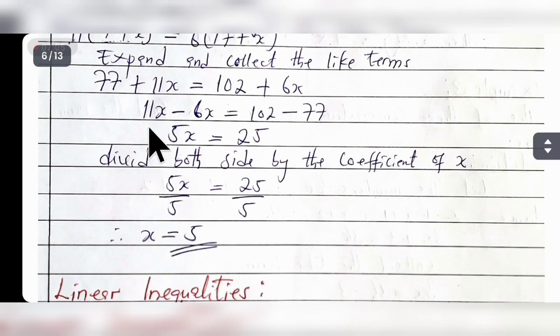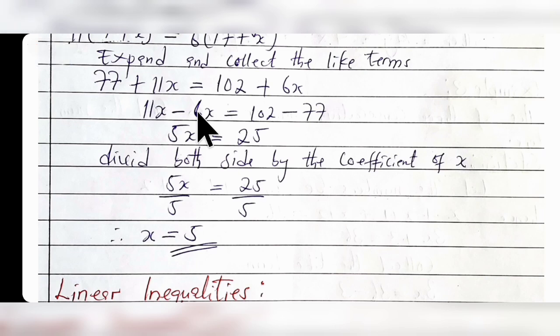You collect the like terms now: 11x minus 6x, because this 6x, taking it to the left-hand side, changes to minus, equals 102. Then taking 77 to the right-hand side, it changes to minus 77. 11x minus 6x is 5x, equals 102 minus 77, which is 25.